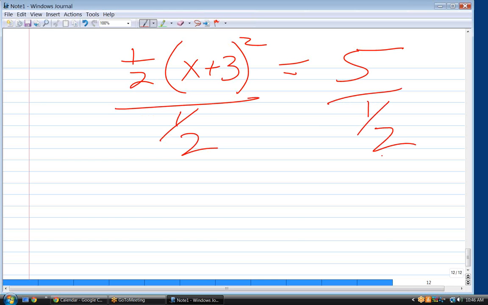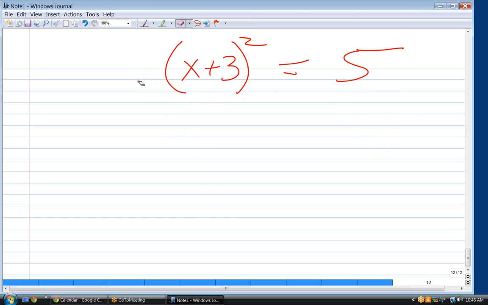It's just a difficult way of looking at it, because now I'm dividing a fraction by a fraction. That confuses a lot of people. So rather than do that, let's multiply. Let's treat this as if it looked like that. Now, if this was the problem, I'm quite sure your first step would be multiply both sides by 2, right? Well, remember that when there's a 1/2 out there, that is the same as this.